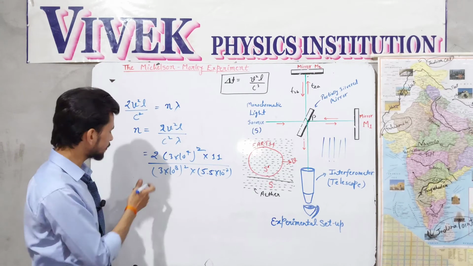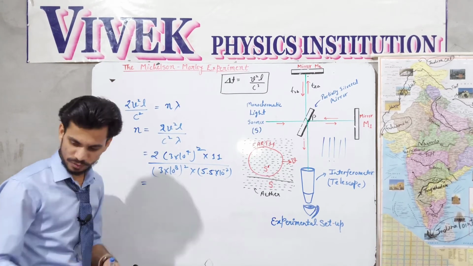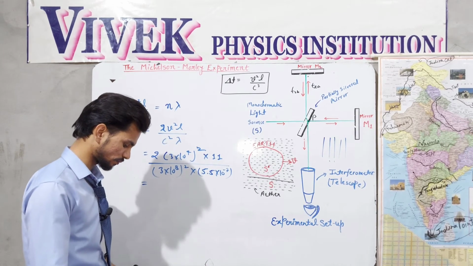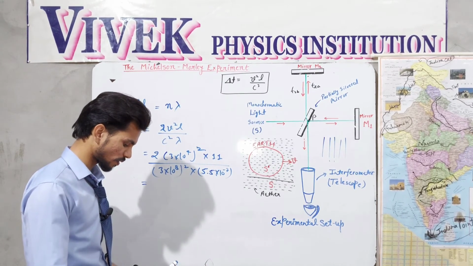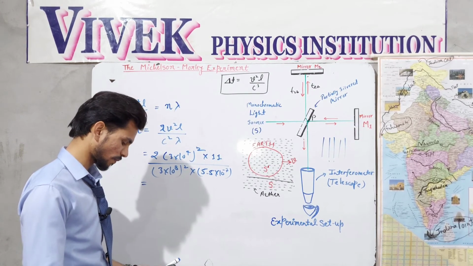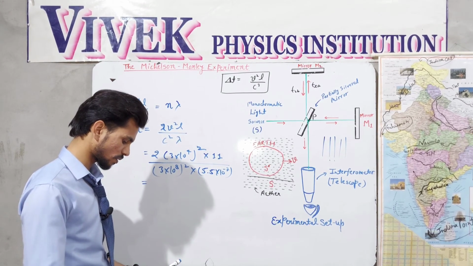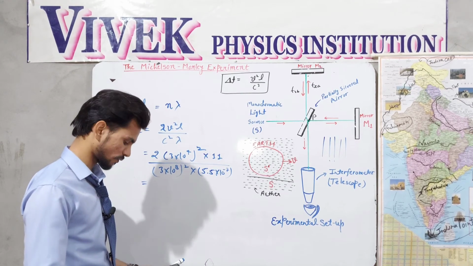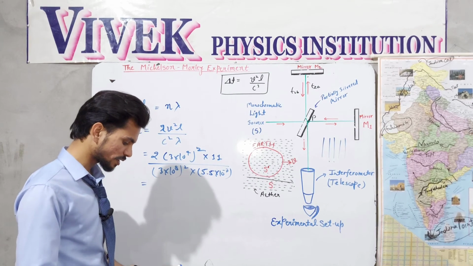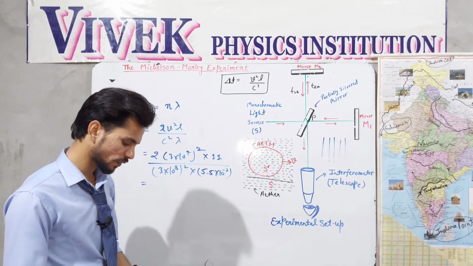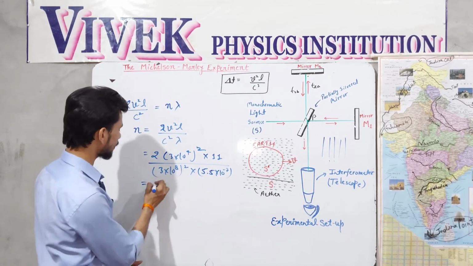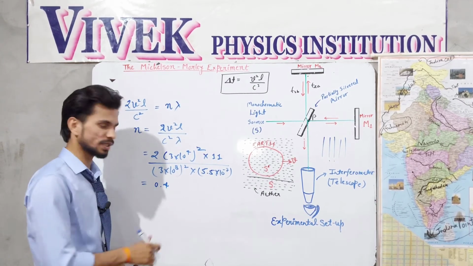When you solve this complete factor, this will come out as approximately 0.4, about 0.456.